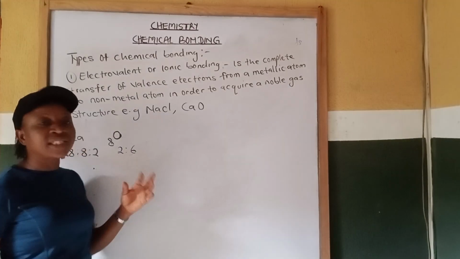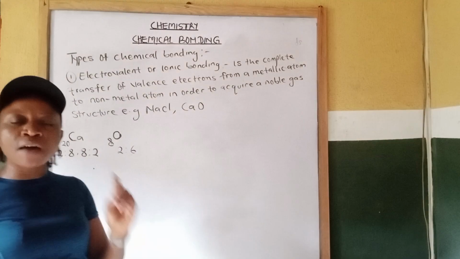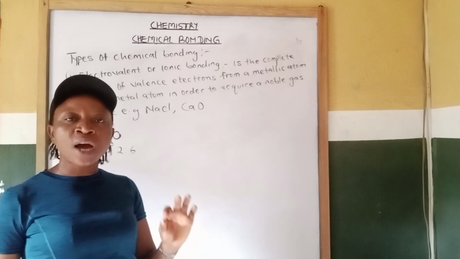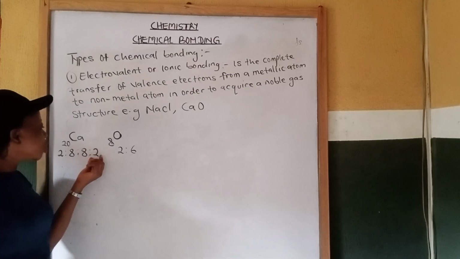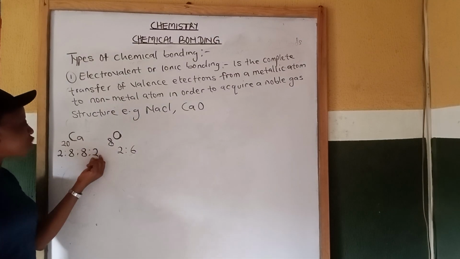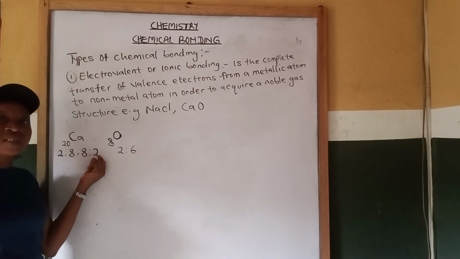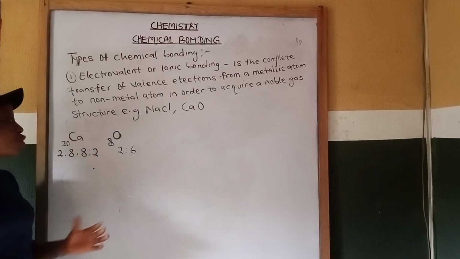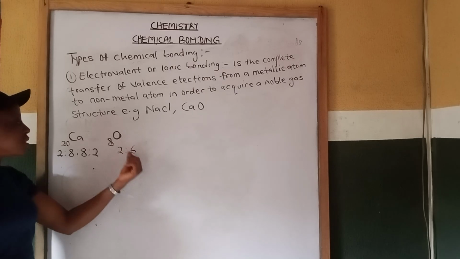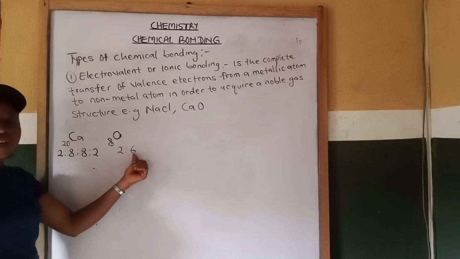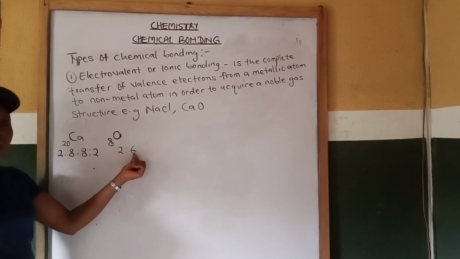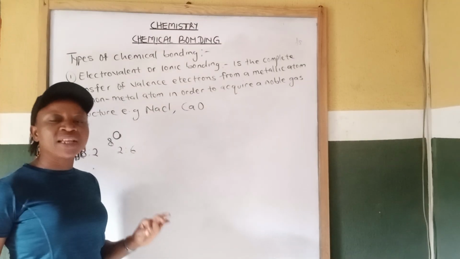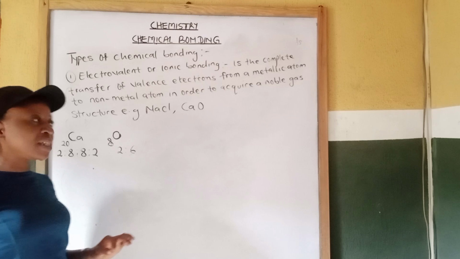Then those with 5, 6, and 7 electrons are non-metallic atoms. So this calcium has 2 valence electrons. So therefore, calcium is a metallic atom. Then oxygen has 6 valence electrons. So therefore, it is a non-metallic atom.